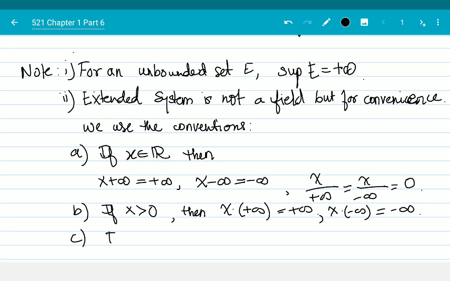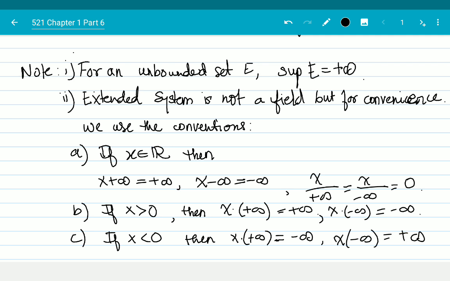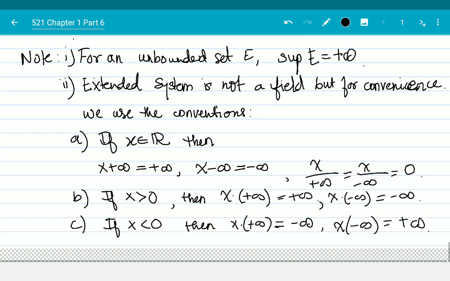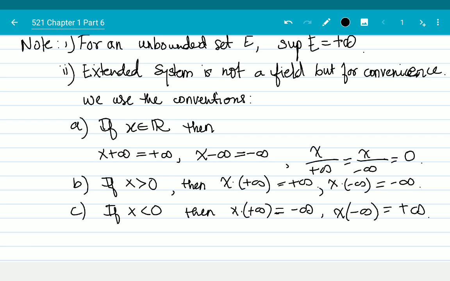And C, if x is smaller than 0, then x multiplied by plus infinity is equal to negative infinity, and x multiplied by negative infinity is equal to positive infinity. Okay, so these are the definitions that we are using, and everything in this extended system which is not negative infinity or positive infinity will be called finite.